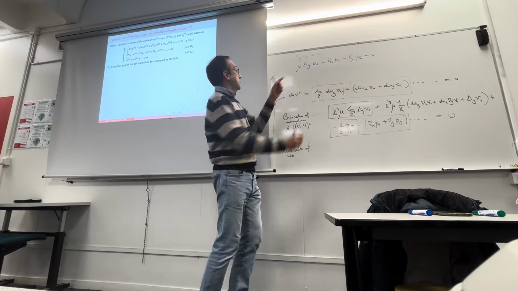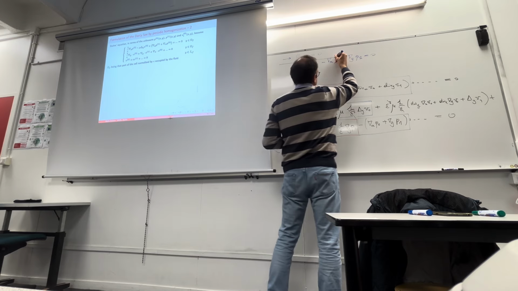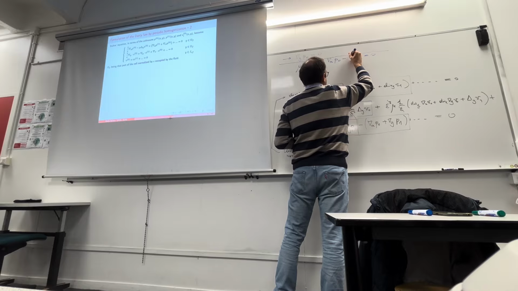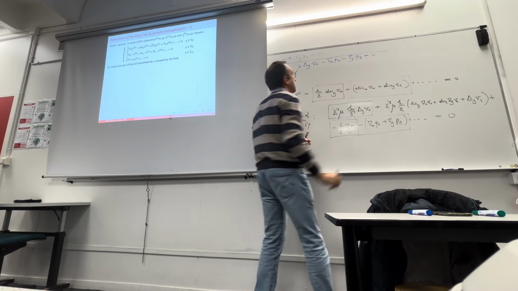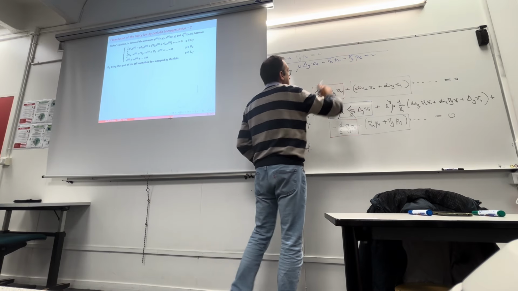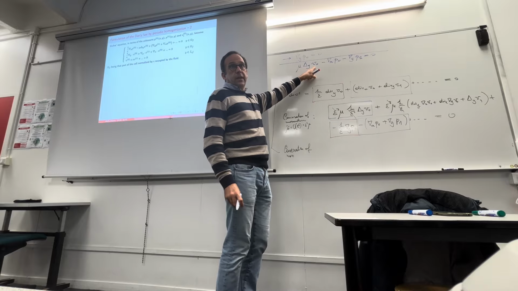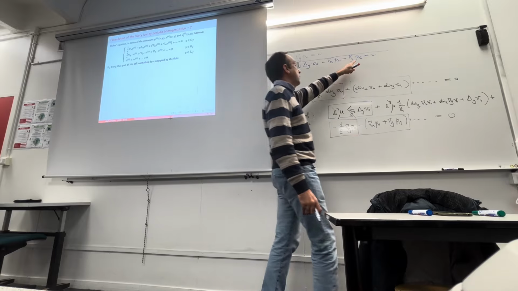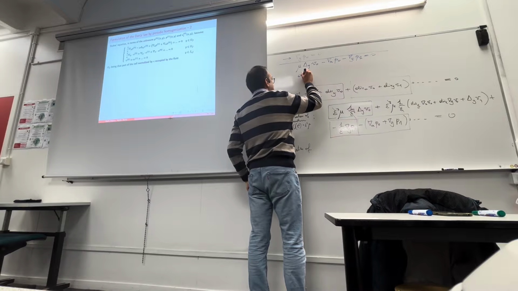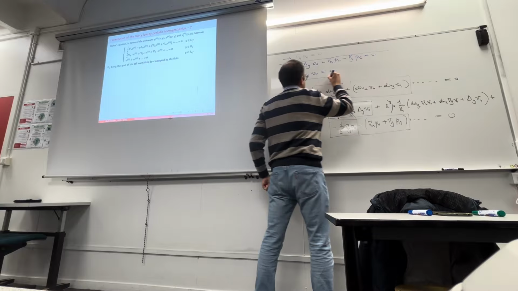Obviously, the first problem we solve independently of the other, because it just involves p naught: gradient y of p naught equals 0. Then we have this equation, which involves the unknown p naught and p1, but we also have to consider that the divergence y of v naught equals 0.